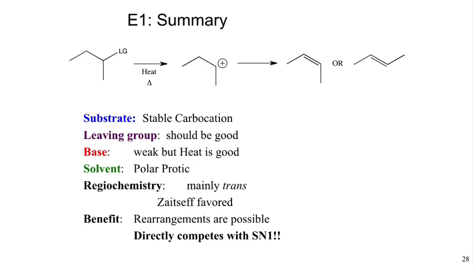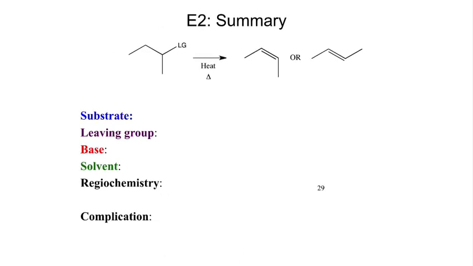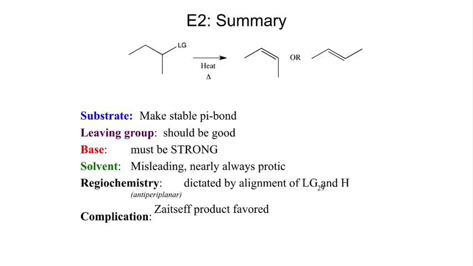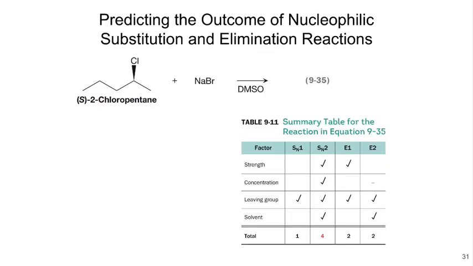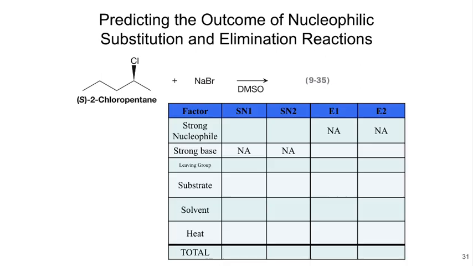Kind of, sort of. We'll pick up with E2 as the next one. Yep, our next big summary, on Thursday. There are not very many more slides. After E2, we're looking at how we compare E1 to E2, then how we put it all together, SN1, SN2, E1, E2, and decide which one of those reactions we get.